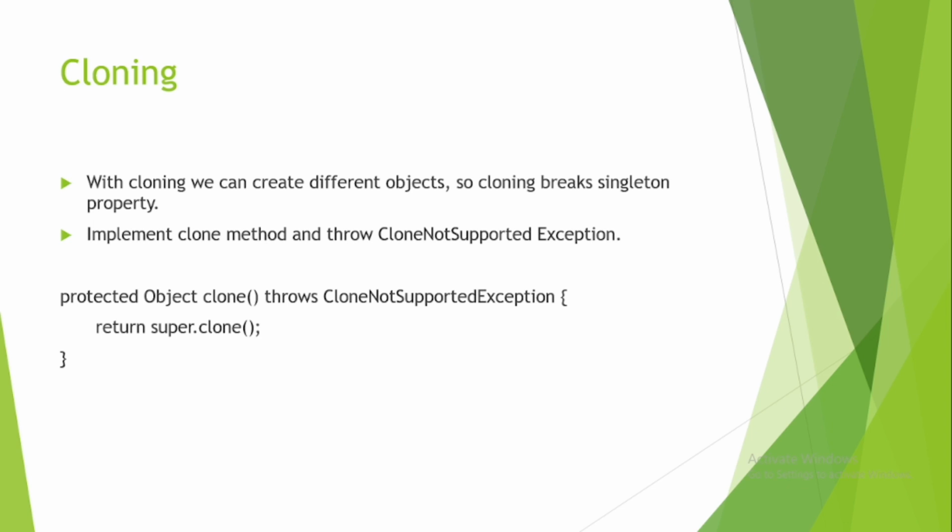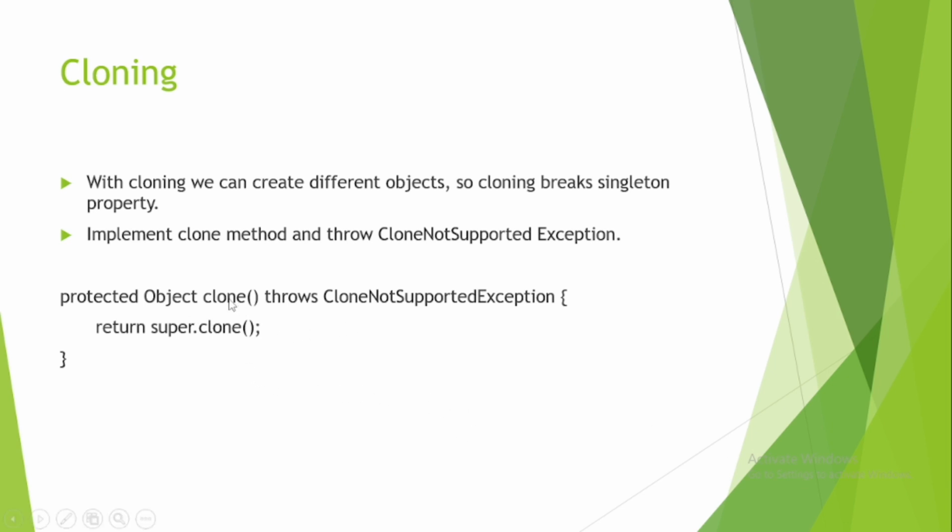When you are using cloning, at that time also you can break the property of the singleton class, when you are implementing the Cloneable interface. So how can you prevent that?